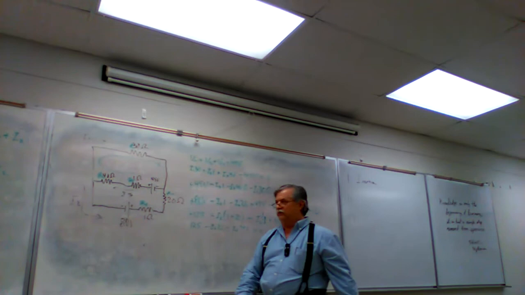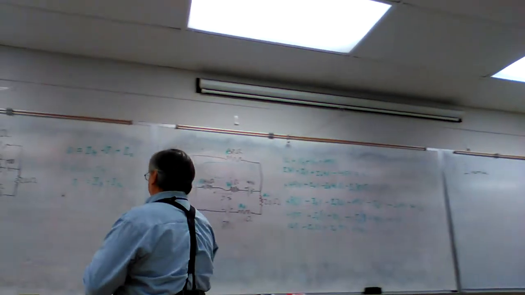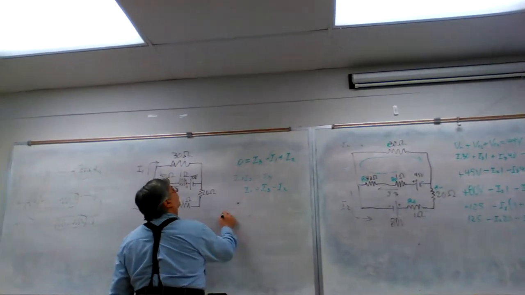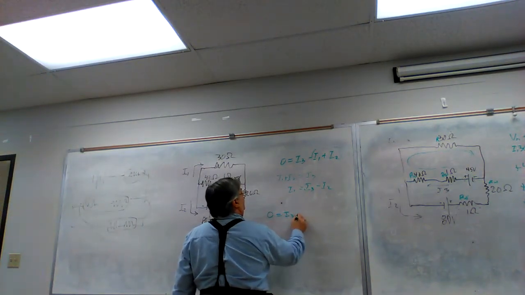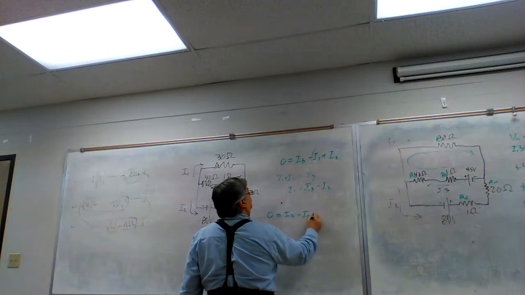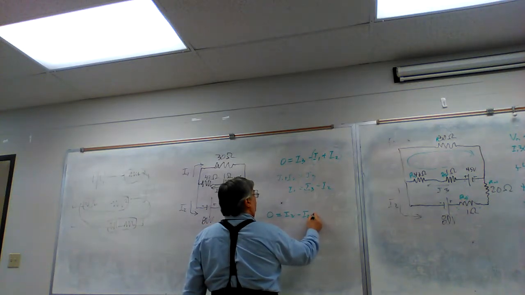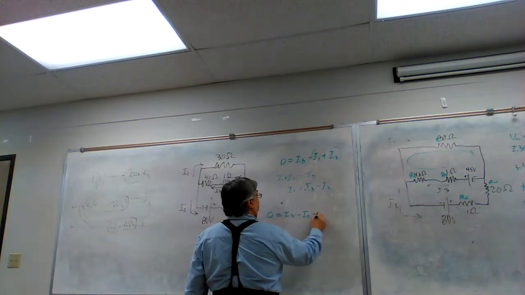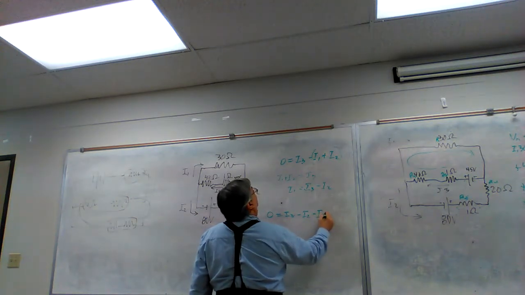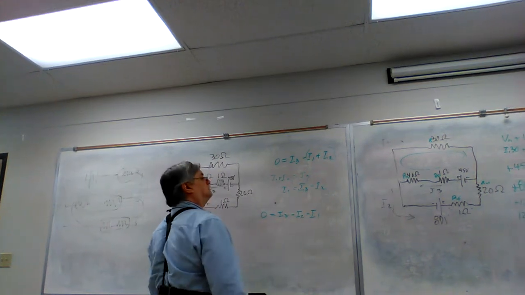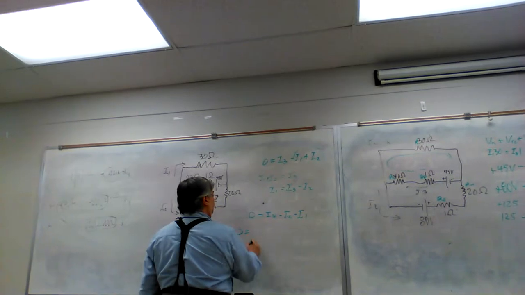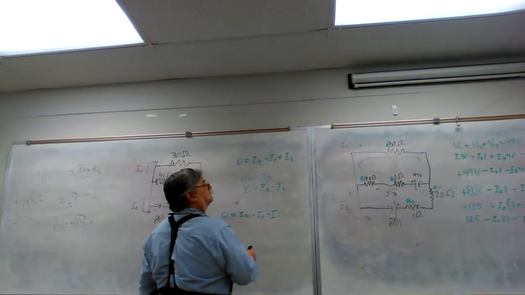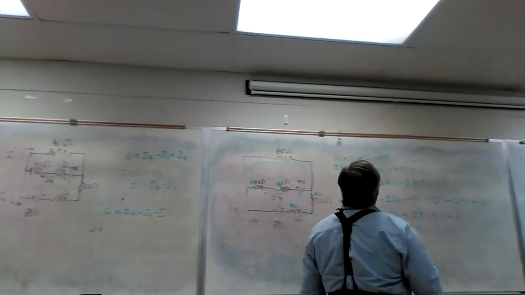Okay, that should give us 3 independent equations. We have 0 equals I3 minus I2 minus I1. We have 0 equals, did I simplify this one?